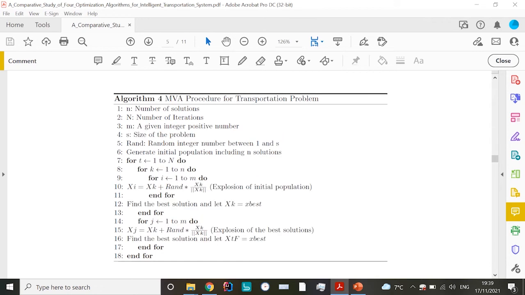And finally, we have converted multiverse algorithm to the transportation problem. This is a pseudocode of the problem, in which all the format is for discrete optimization problems.